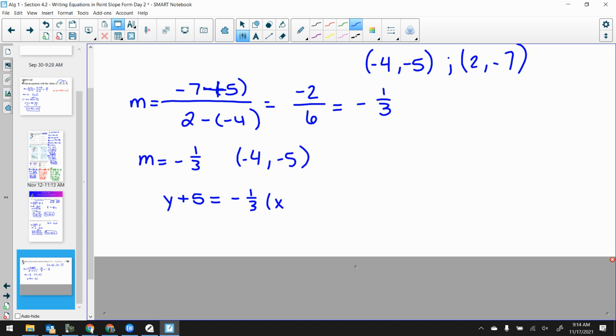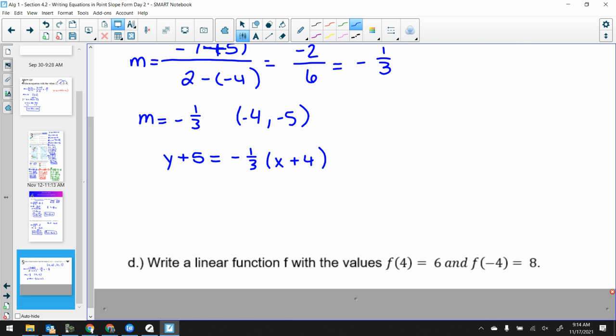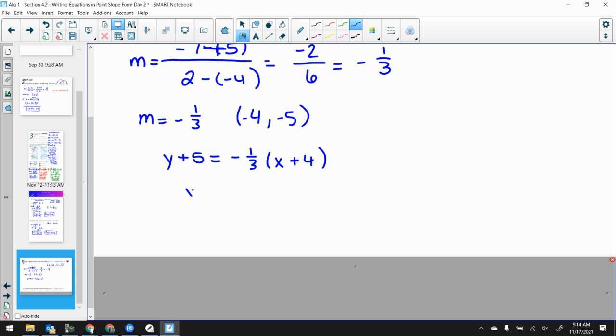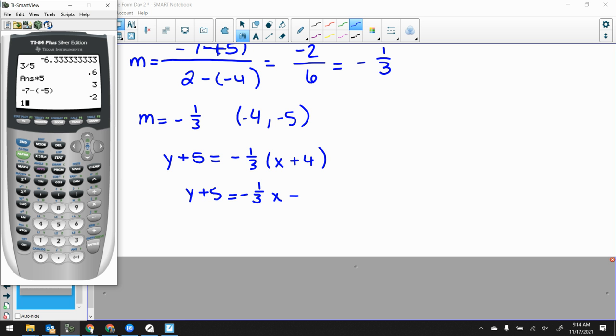Now, here's the deal. When I go and distribute, you're going to see something happen here. I've got y plus 5 is equal to -1/3 x minus 1/3 times 4.